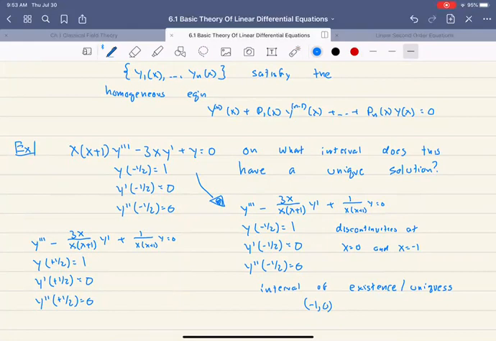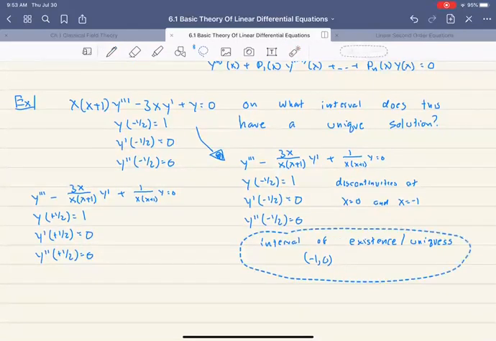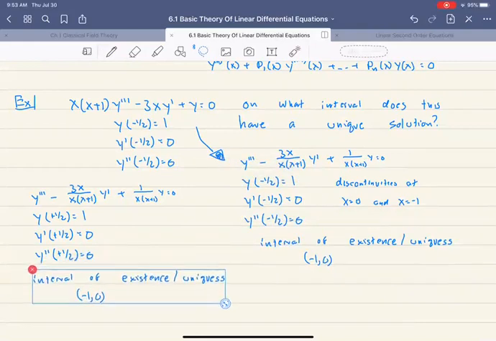If it's at positive 1/2, this is still a problem at negative 1 and 0, but now our interval of existence and uniqueness is going to change. It's actually going to be 0 to infinity. We can extend out to infinity because we don't run into any other problems. The only places we run into problems are at 0 and negative 1.